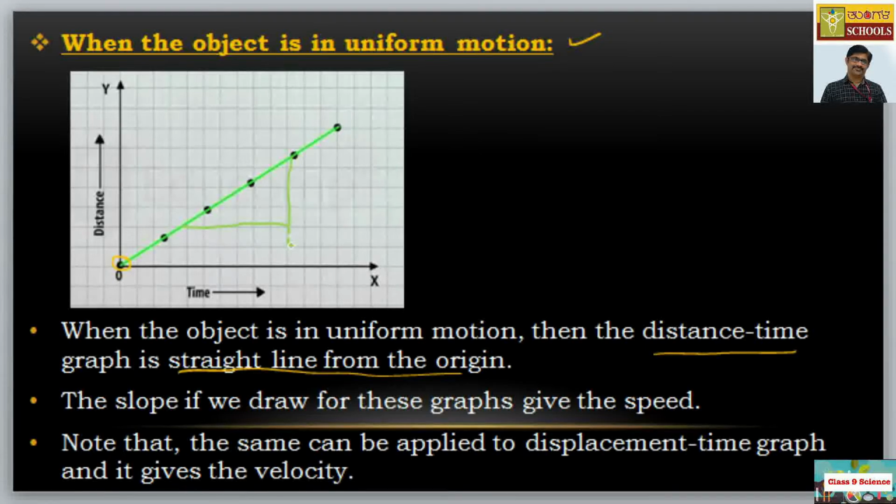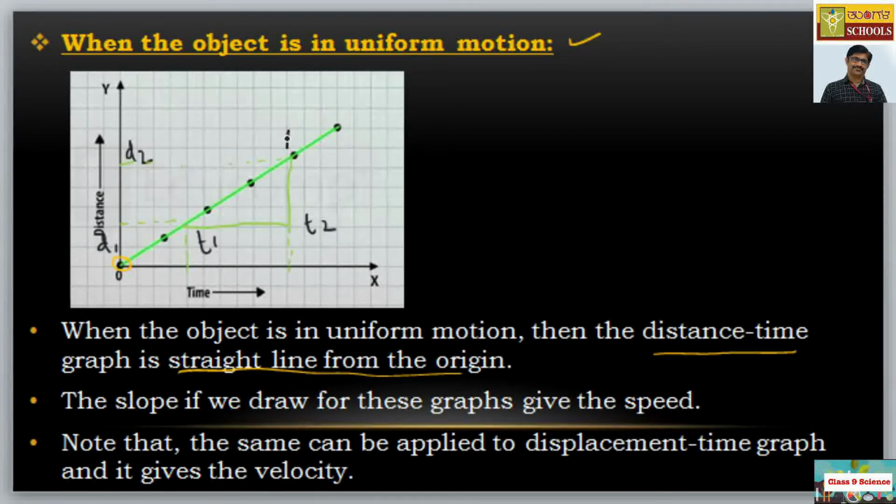This is the x-axis and this is the y-axis. So this has to be the point D1 here. This is D2. This is T1 and this is T2.